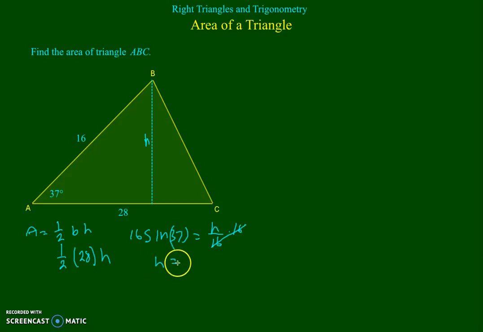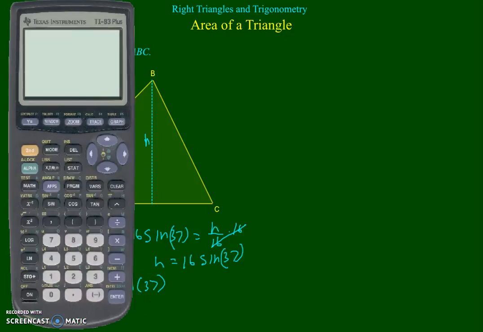We know that H equals 16 sine 37. So to replace that in this equation, then, we have 1/2 times 28 times height, which is 16 sine 37.